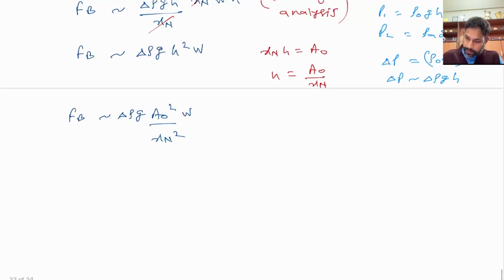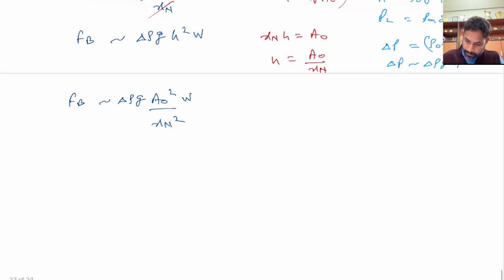And here we can do one more thing, that we multiply rho to the top and to the bottom. So we write rho over rho, so we just multiplied rho at the top and bottom, and now we can convert this into g prime, right?